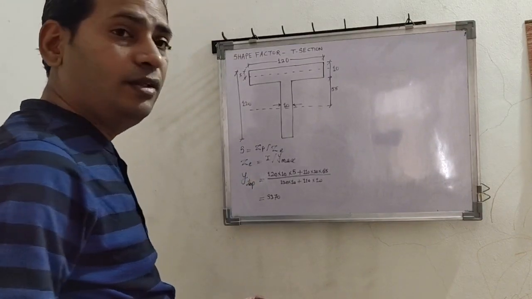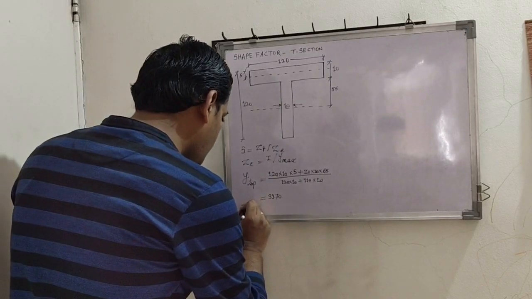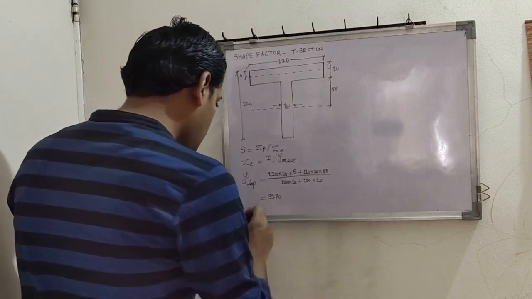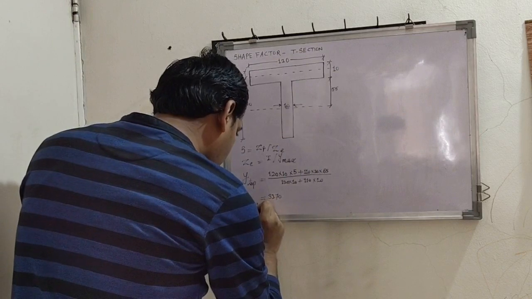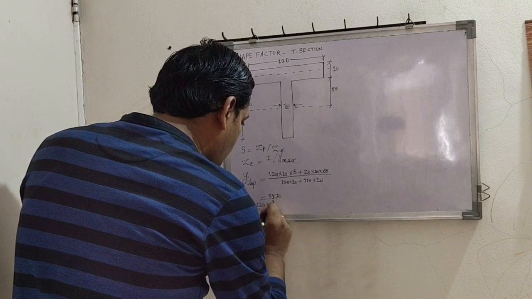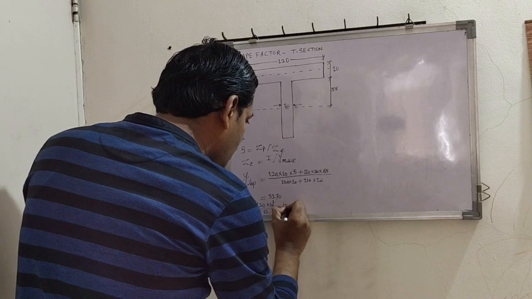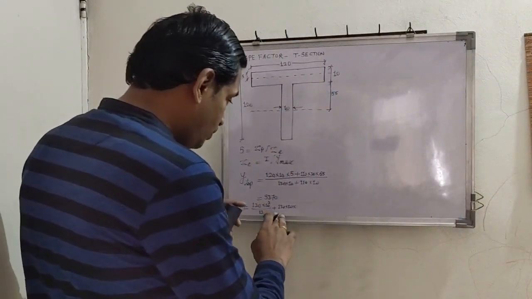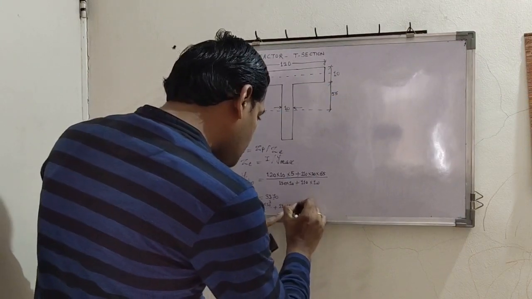So now we will find I value. What is I? BD cube by 12 plus AH square. Again parallel axis theorem. So BD cube by 12 for flange: 120 into 10 cube upon 12, plus AH square: 120 into 10 into H. Now what is H?